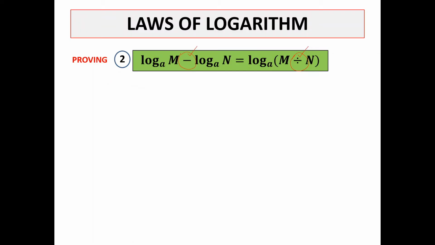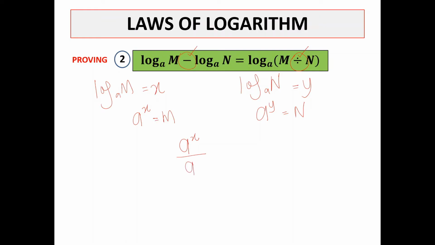So we let log m base a equal to x and log n base a equal to y. So a to the power of x equals m and a to the power of y equals n. Now instead of multiplying, I want to divide a to the power of x by a to the power of y. So equivalently we have m divided by n.